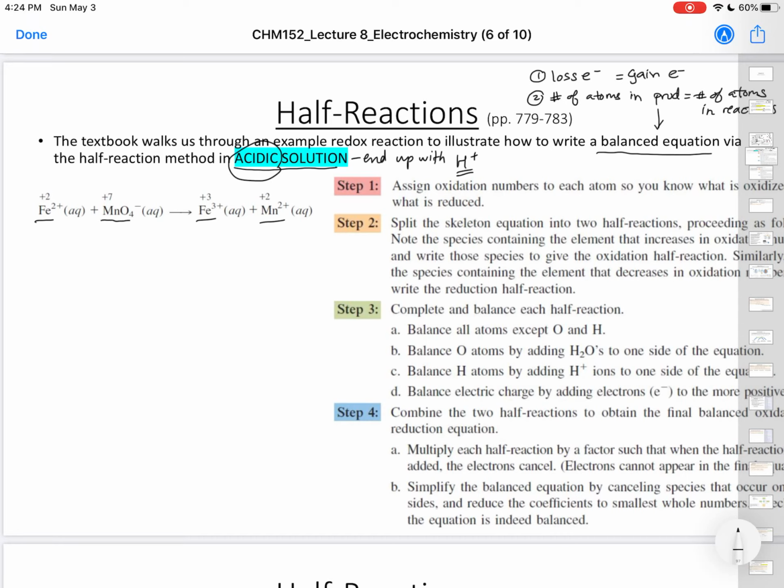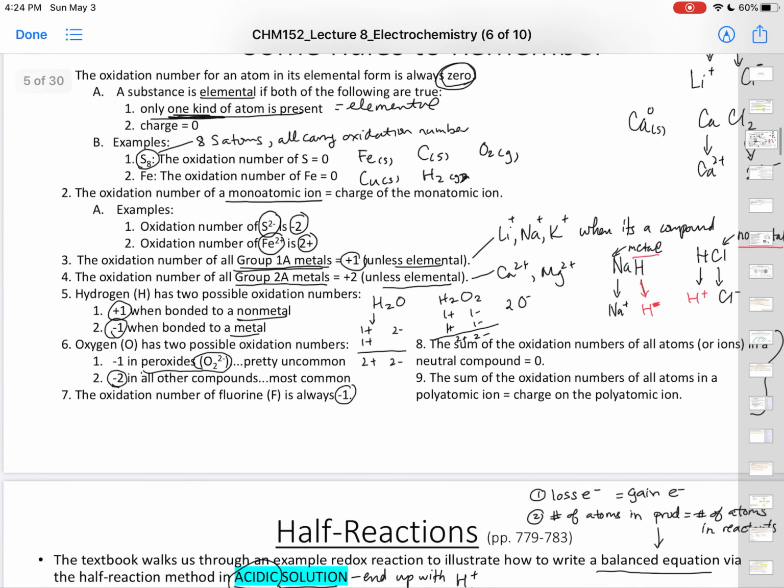But let's look, how is the Mn in MnO4 minus 7 plus? We're going to apply the last rule on that oxidation reduction page. Rule number 9 says the sum of the oxidation numbers of all atoms in a polyatomic ion is equal to the charge on the polyatomic ion.